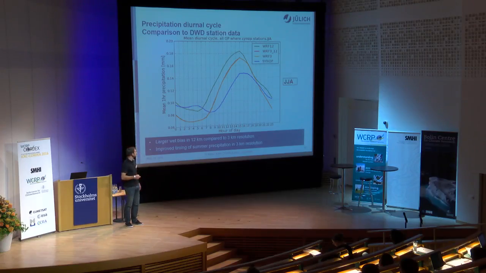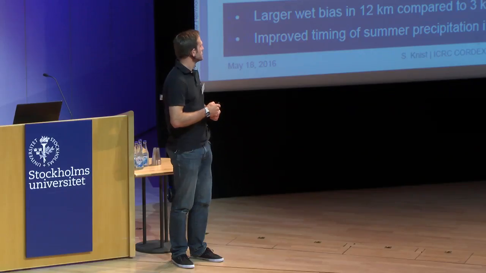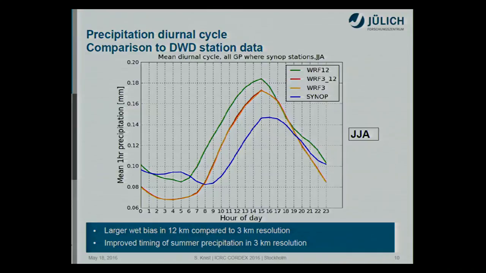What you see here is what you already saw before in some of the talks, that the onset of precipitation is a bit too early compared to the observations, and you have a wet bias in both resolutions, which is a bit larger during daytime for the 12-kilometer resolution.